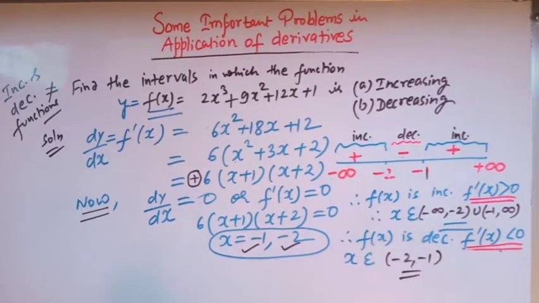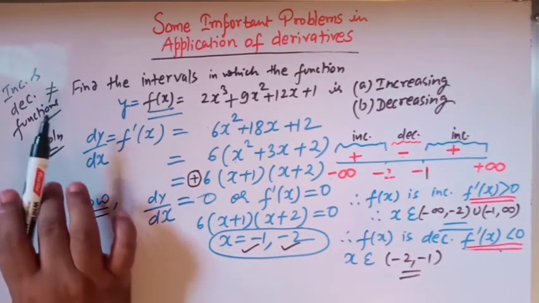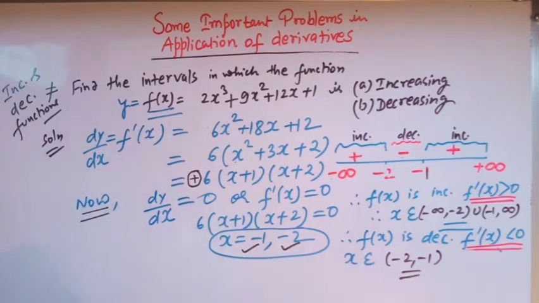So here we see that the intervals are reversed whenever we have here the positive sign. Clear? So with the help of comparing these 2 types of questions, we have seen how to find the intervals in which the function is increasing and decreasing, right?